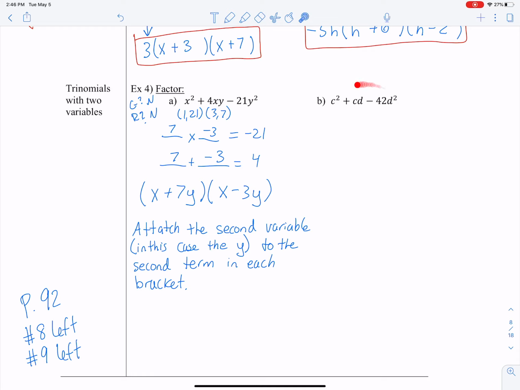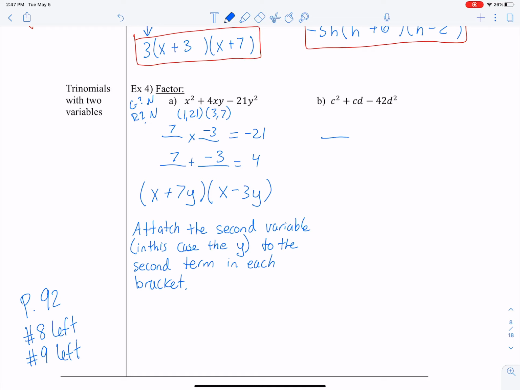So here we have another one to try. First we look, is there a greatest common factor? We have c, d. There's no letters that can be taken out, and here there's nothing in front, so there's no numbers that can be taken out. If we look, we go c squared, c, nothing, so this does not need to be reordered.